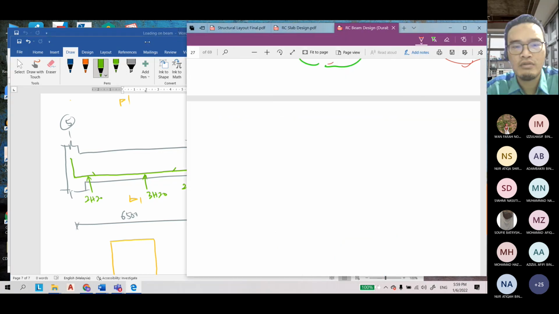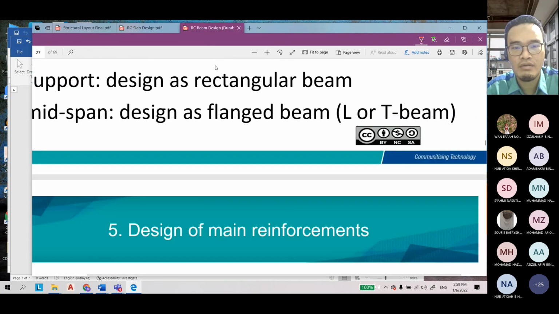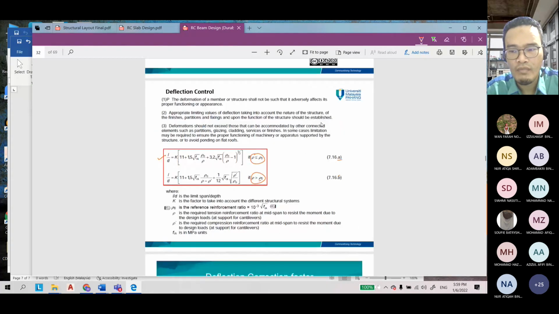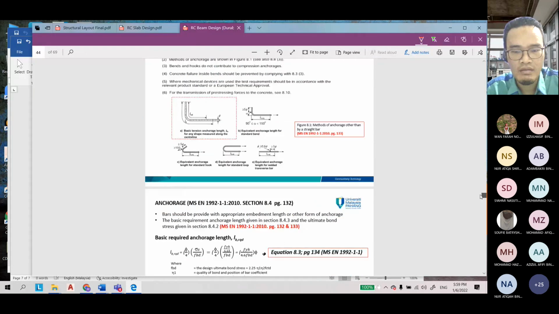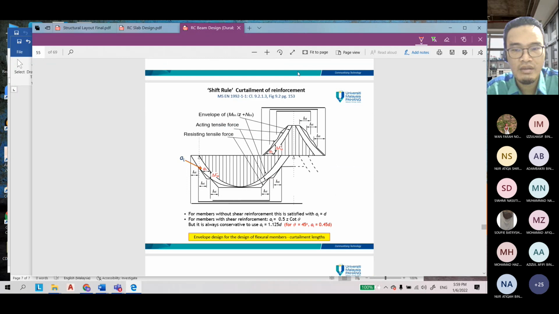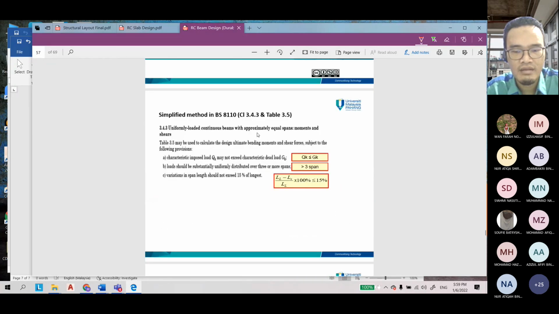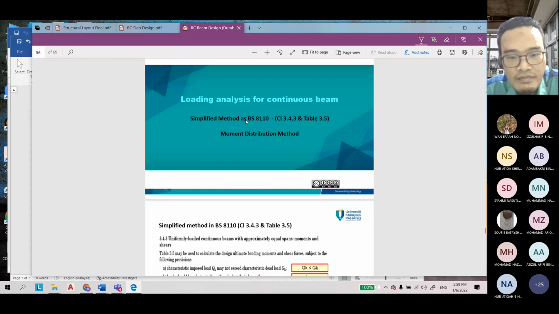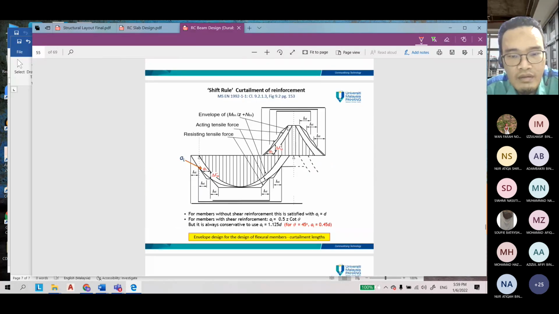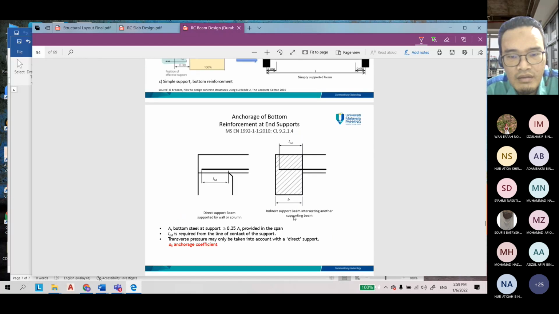This is the rules of curtailment. Okay, this one. How many percent? This is the curtailment length.